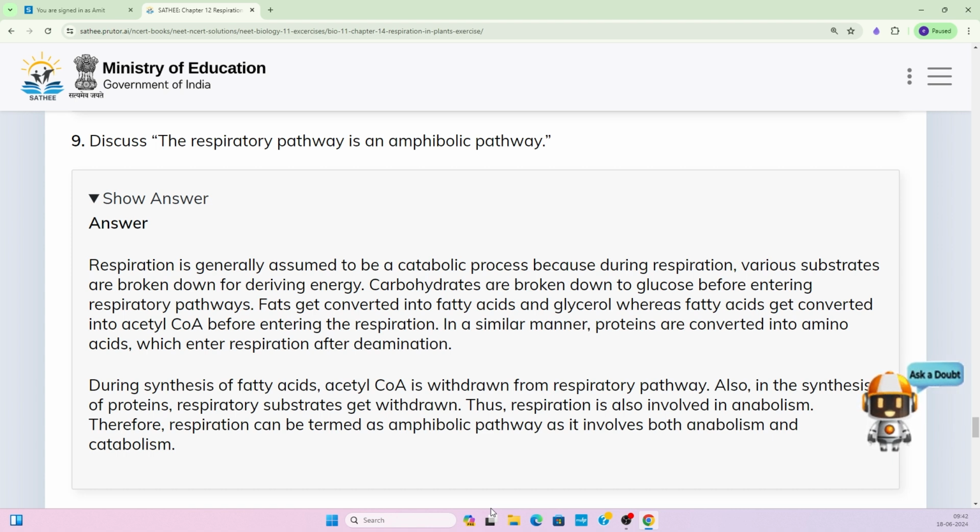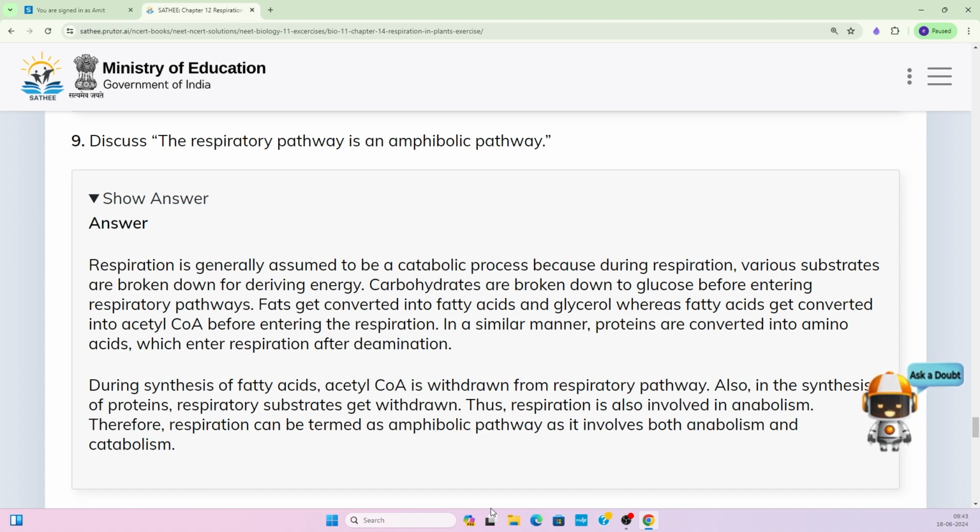There are many substrates: proteins, fats. They are broken down to derive energy. Carbohydrates are broken down to glucose before entering the respiratory pathway. Fats get converted into fatty acid and glycerol, whereas the fatty acid gets converted into acetyl coenzyme before entering respiration.